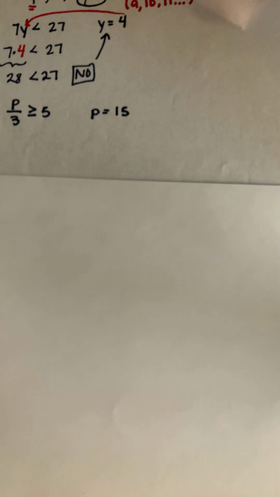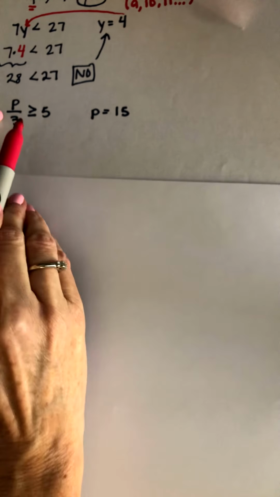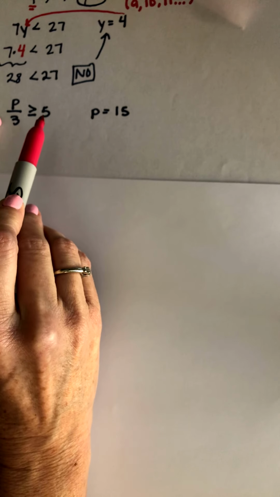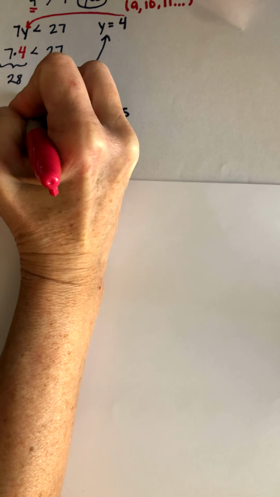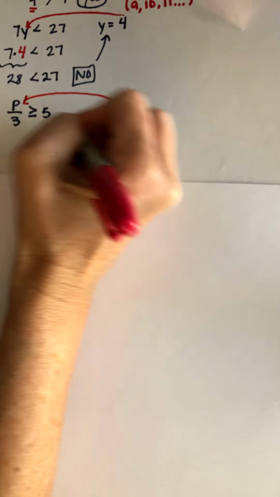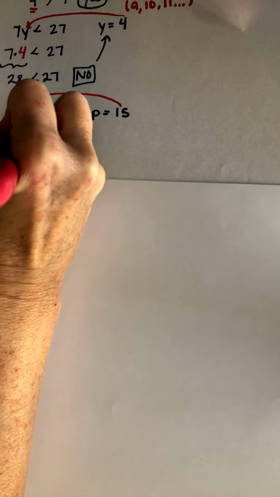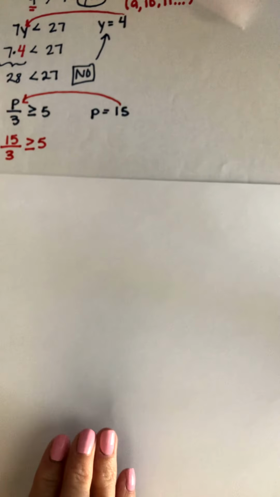This time we have p divided by 3 is greater than or equal to 5. So let's go ahead and plug in our value for our variable. p is 15, so I have 15 divided by 3 is greater than or equal to 5.